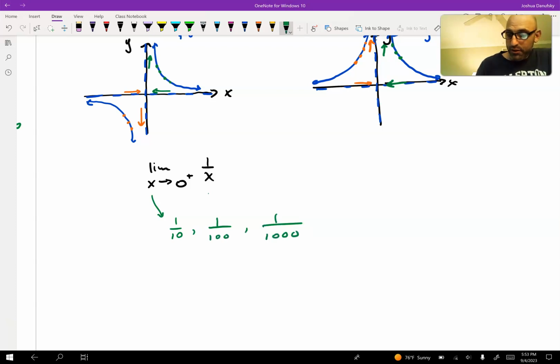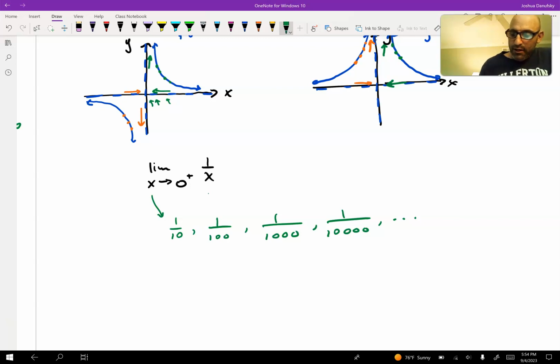I should say approaching 0. So here we have these 4 numbers, and they continue on, getting closer and closer to 0. Here's a tenth, here's 1 over 100, here's 1 over 1,000, and so on, getting closer and closer to 0 from above.